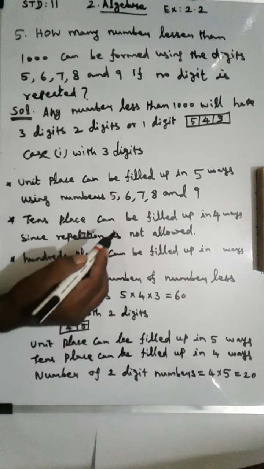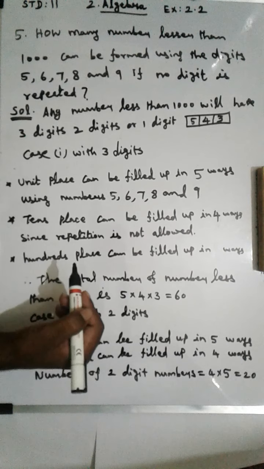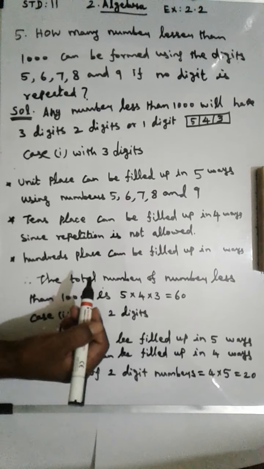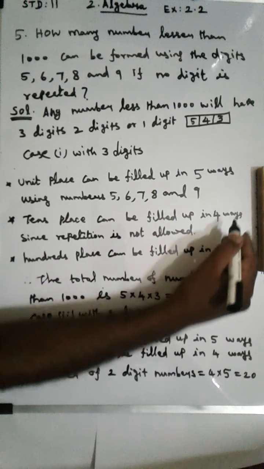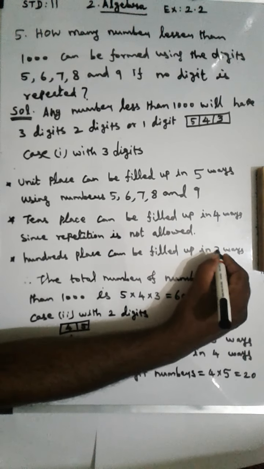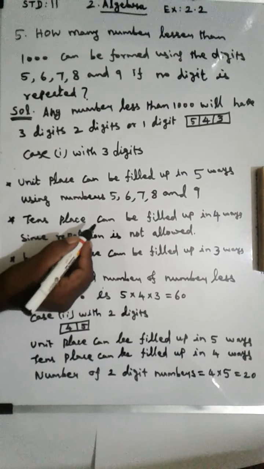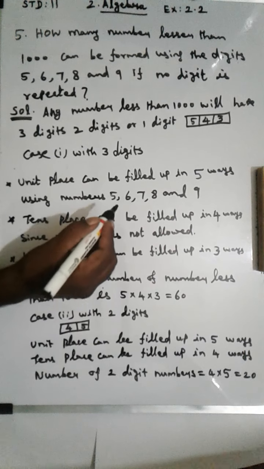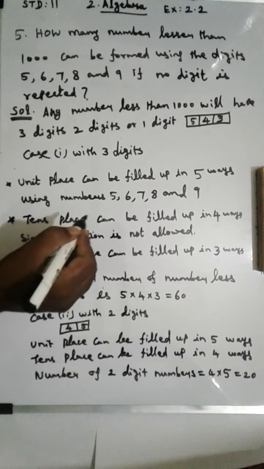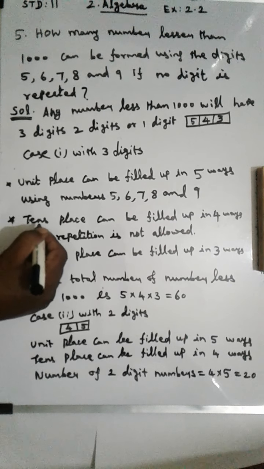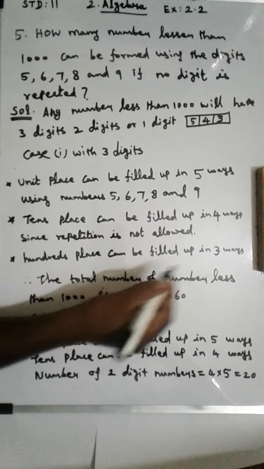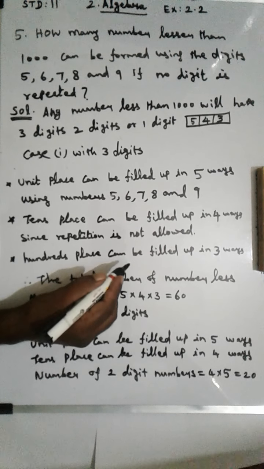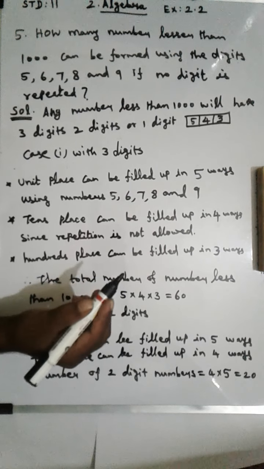Next, the hundreds place: 4 minus 1 is 3 ways. Why? Of the remaining 4 numbers, one is already used for the tens place. The remaining is 3 numbers, so the hundreds place can be filled in 3 ways.